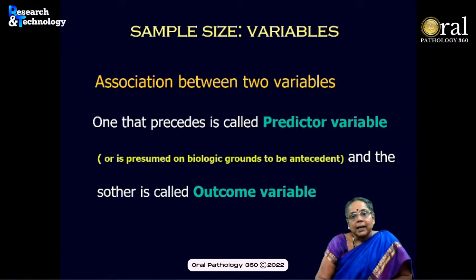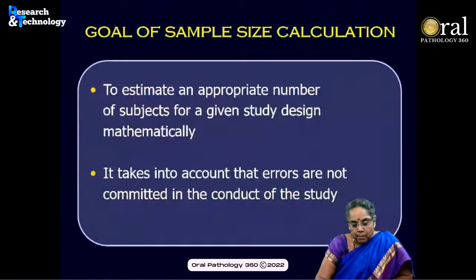Now, in my example, probiotics reduce the prevalence of oral candida in elderly patients, the variables are: you have probiotic, that is one variable. It is dichotomous. And we have the outcome variable, that is the colony forming unit of candida.